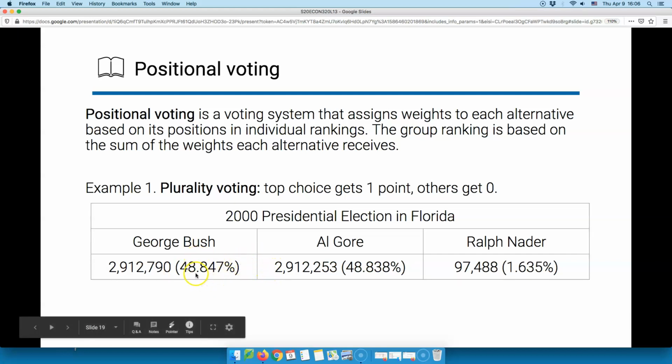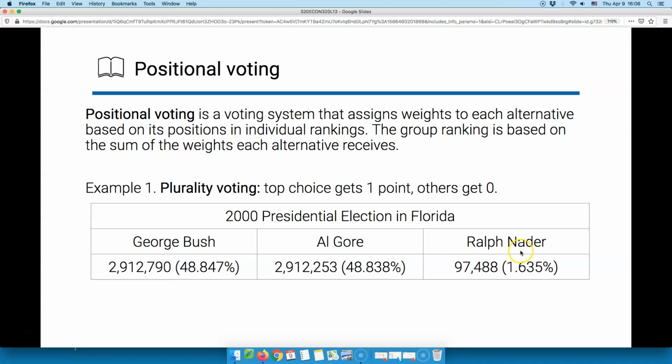So 48.85% voted for Bush, 48.84% voted for Gore, and 1.6% voted for the third candidate, Ralph Nader. And in the end, Bush won.